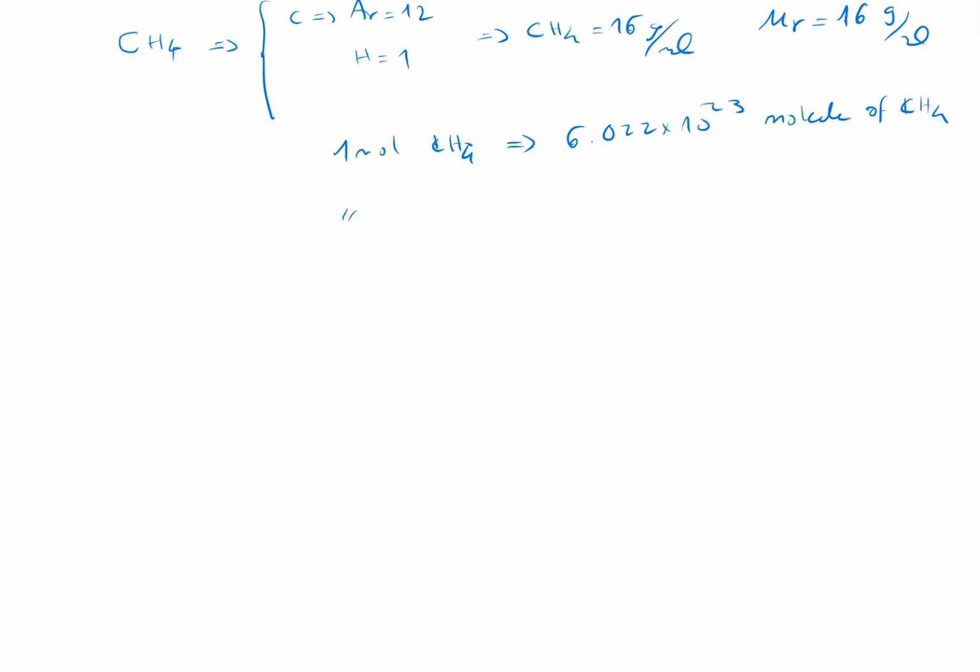And again, 1 mole of methane, because it has 4 hydrogen atoms, has 4 times 6.022 times 10 power 23 atoms of hydrogen, excuse me. And if we multiply 5 times 6.022 times 10 power 23, that is all of the atoms.